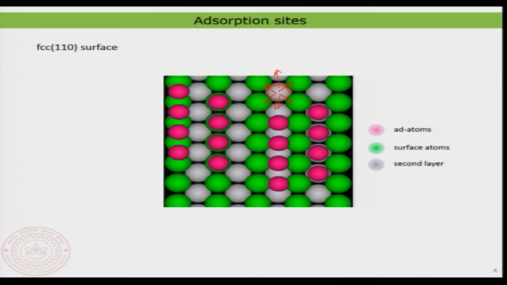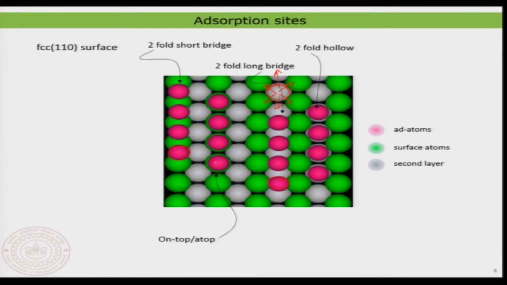And then you have something interesting, a site like this and also a bridge site like this, and then finally an atop site. So, these sites are actually called like that. Of course, this particular site is known as the two-fold hollow site, because this is not the four-fold symmetric surface, it is a two-fold symmetric surface. Therefore, the hollow sites are known as two-fold hollow sites.